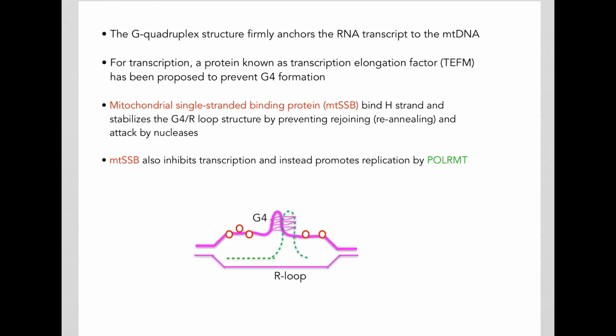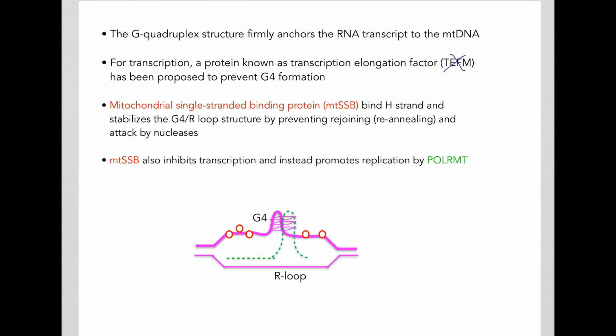It has been proposed that during transcription, not replication, there is a transcription factor called TFM, and this TFM apparently prevents this G4 formation. So during replication, this protein concentration is very low, so the mitochondria becomes replicated.